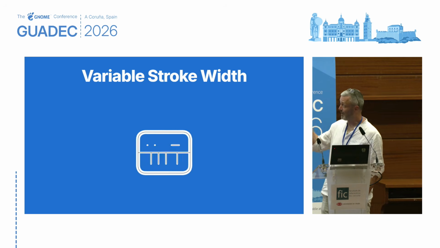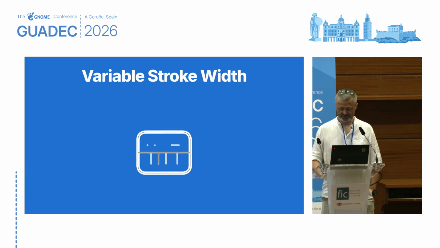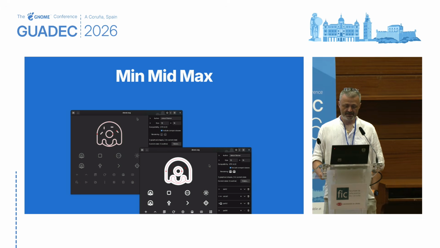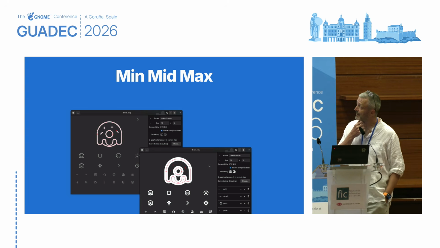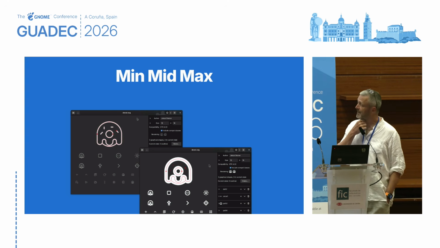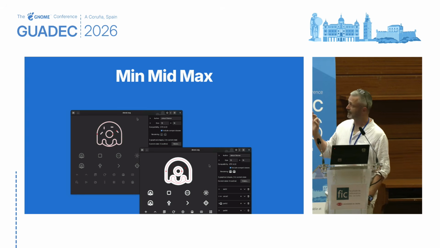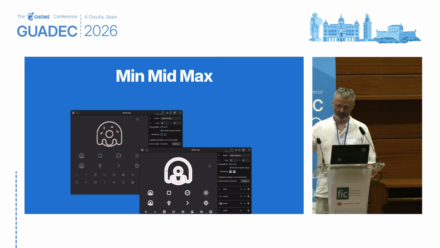But we do have something more sophisticated than just a uniform simple stroke width. Many icons can live with just one stroke width, but we do have means to interpolate between 3 values for the stroke width. So you can have certain lines that are thinner in the icon for adding some detail.